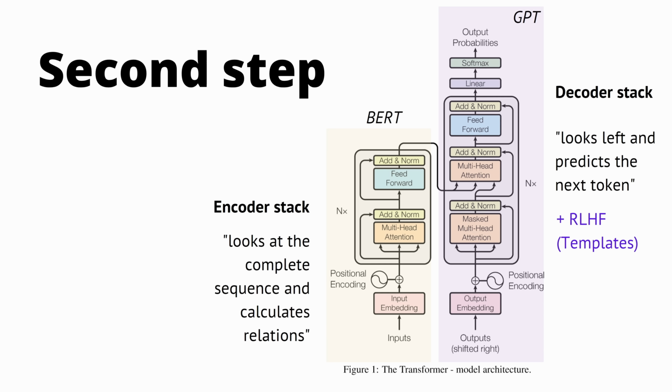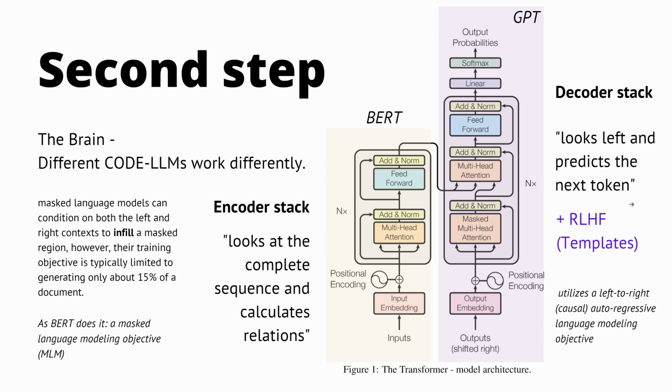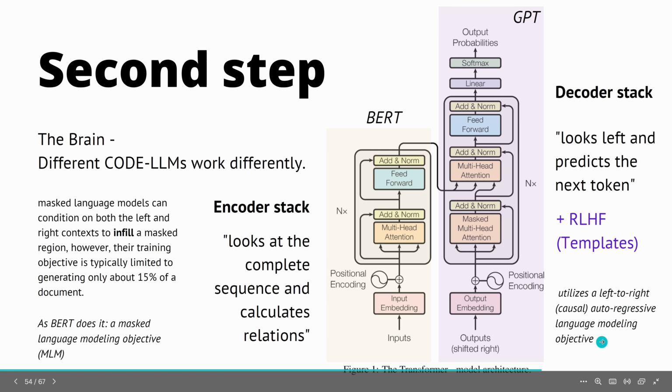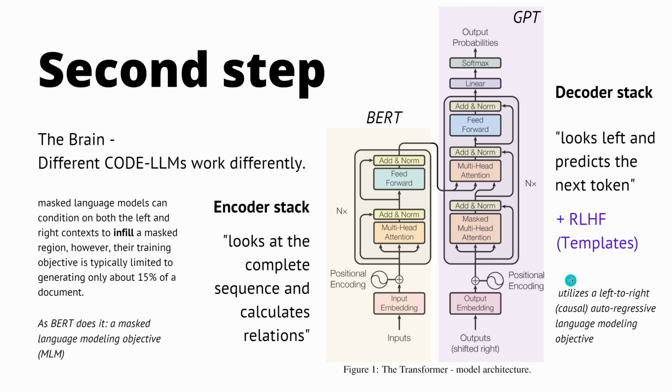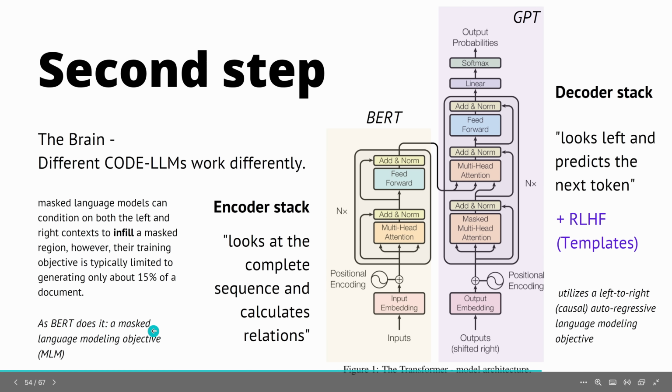Beautiful. GPT has also the reinforcement learning from human feedback, the templates, and this is now an interesting path forward for us, because these templates could be something that we could utilize. Now, remember that I told you the GPT utilizes a left to right causal autoregressive language modeling objective. This is beautiful. And they now try to integrate a feature of BERT, the masked language modeling objective.